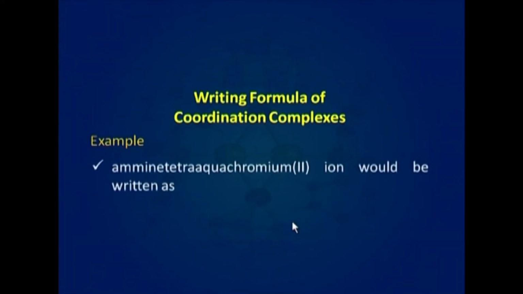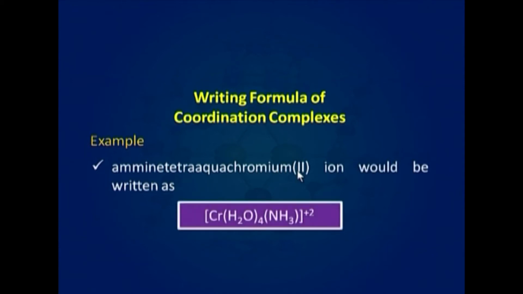There is another example, amine tetraaqua chromium 2 ion. Its formula can be written as [Cr(H2O)4(NH3)]2+. As both ligands are neutral, they are ordered alphabetically with H2O before NH3.